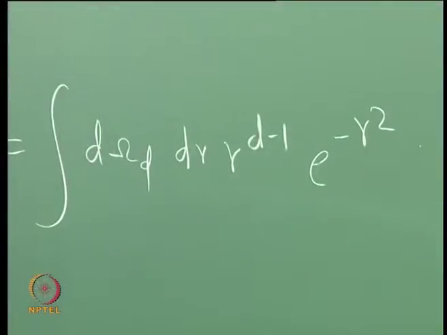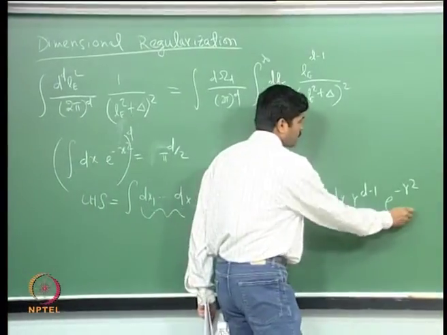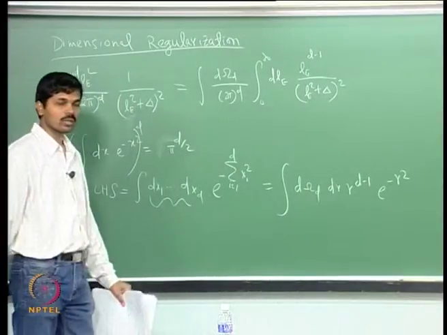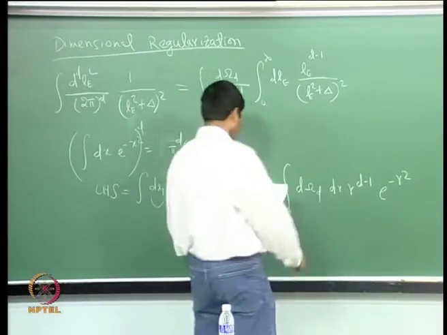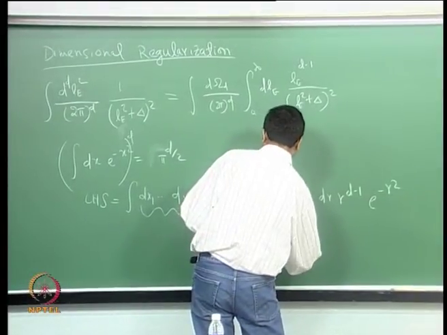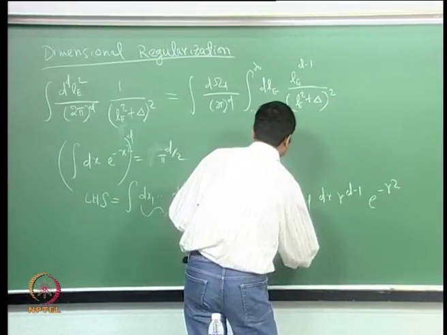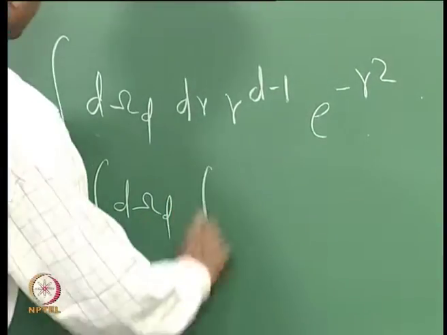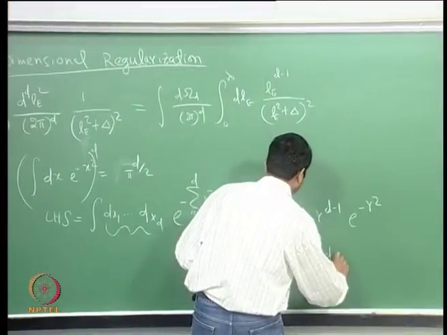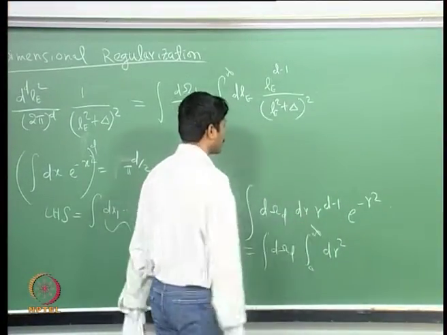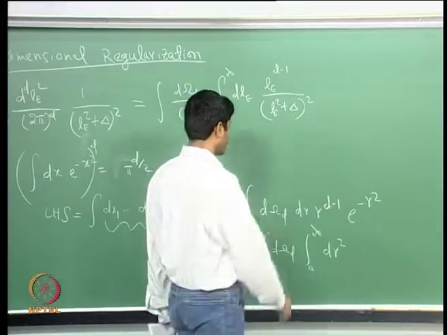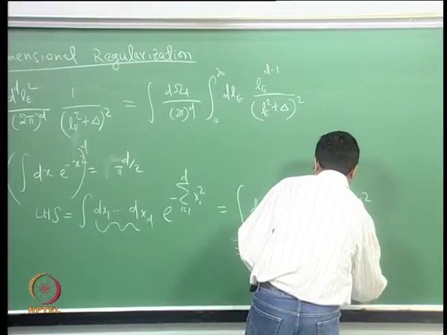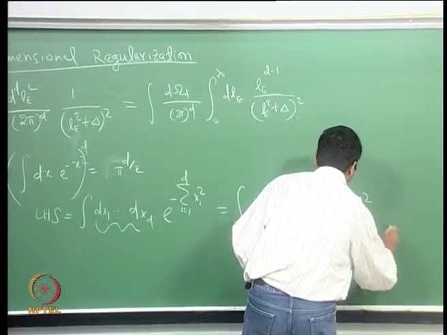Now, I can easily evaluate the r integration here; that will give me the integration over all the angular variables. I can rewrite it as d omega_d integration times 0 to infinity dr. Instead of taking the integration variable to be r, I can take the integration variable to be r square, then it is r square to the power d by 2 minus 1.